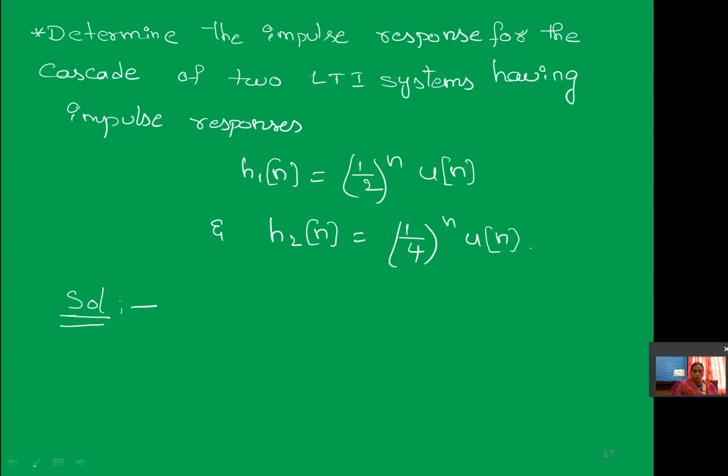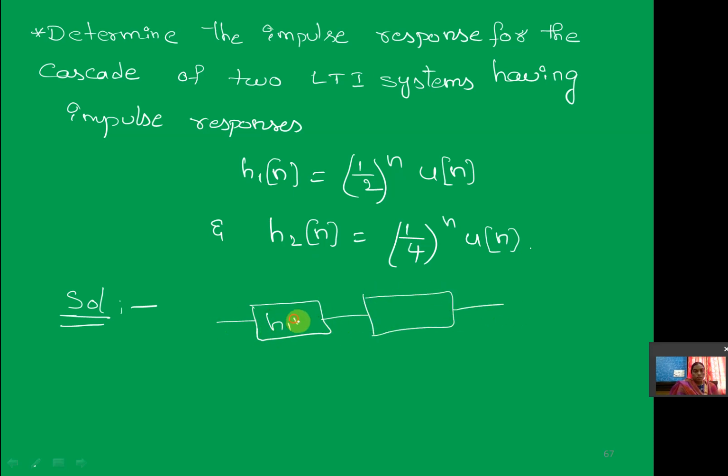So to solve this, firstly understand the problem. They have given two impulse responses, and those are in cascading nature, like this.